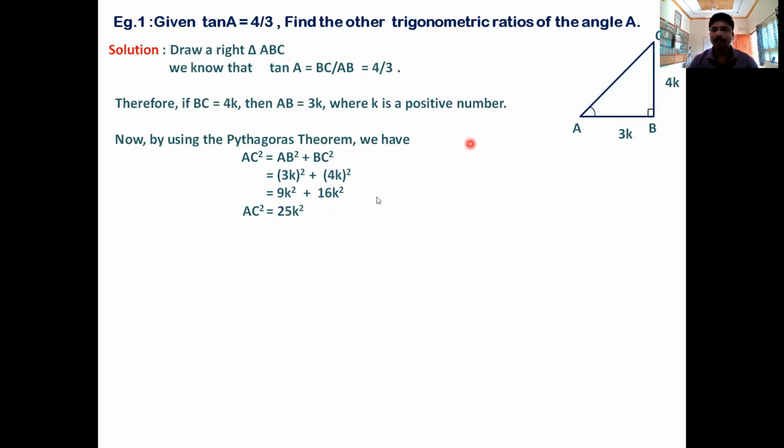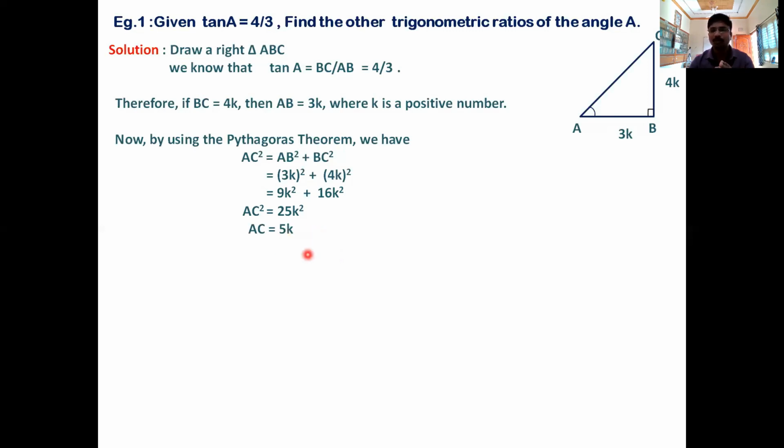We have to find the side AC. Therefore, taking the square root on the RHS, it will become square root of 25K square. It may be written as square root of 5K whole square. Then square root and square cancel. What are we left with? 5K.